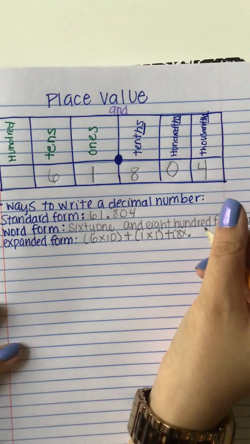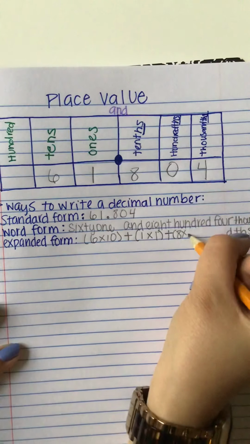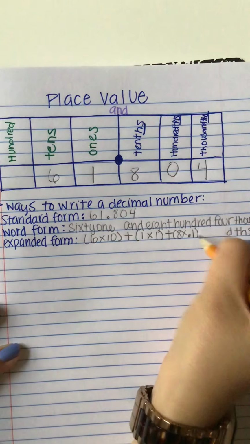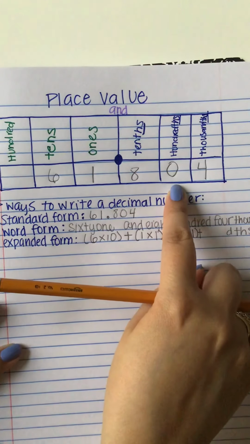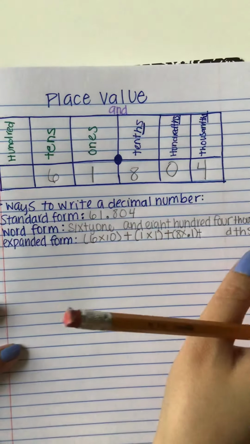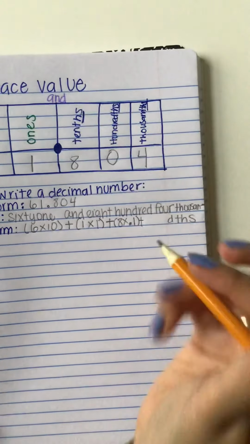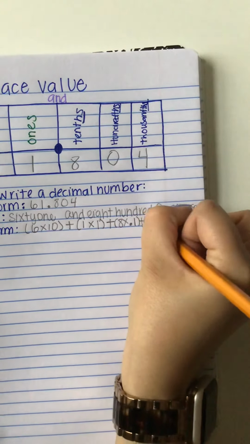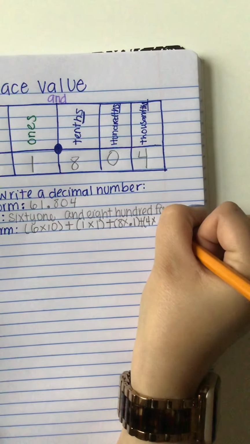Okay, and so this one, it's only one space after the decimal, so I'm going to write decimal 1 plus, I don't have to write 0. Any number times 0 will give you 0, so there's no reason to write the 0. So I can move on to my 4. So I'm going to do times 4 times point.